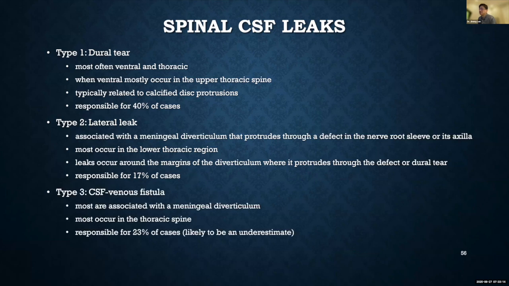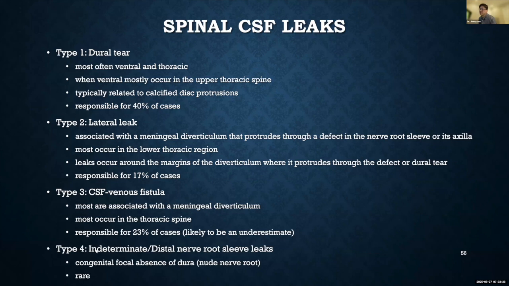Type 3 is a CSF venous fistula, and it can be associated with a diverticulum. In terms of numbers, this is probably underdiagnosed because these are hard to detect. On regular MRI, you're not typically able to see them. There's no epidural collection. These numbers have been increasing over the years because people are getting better techniques.